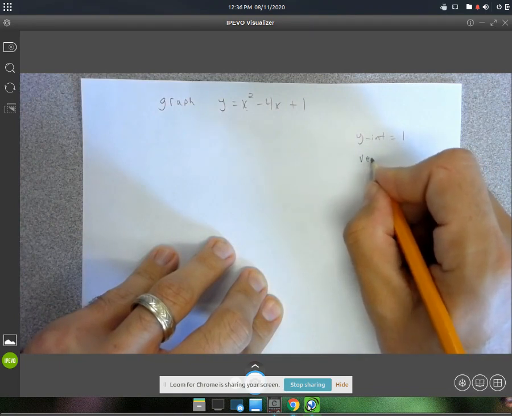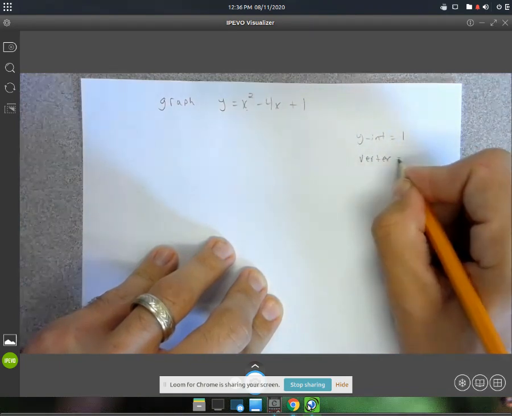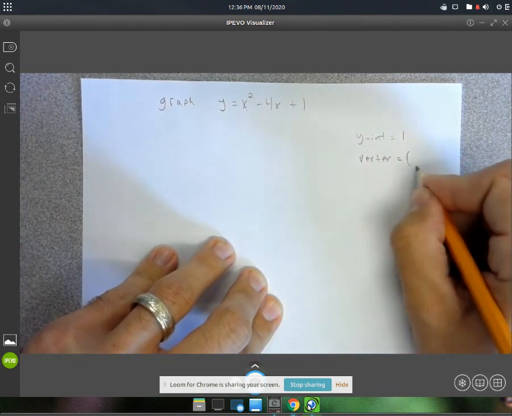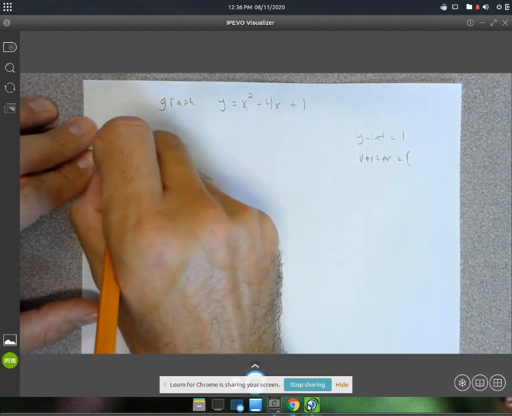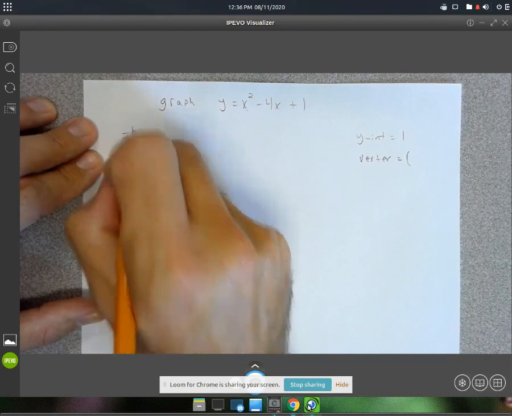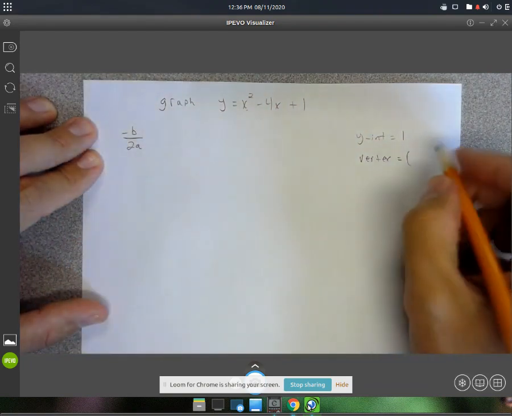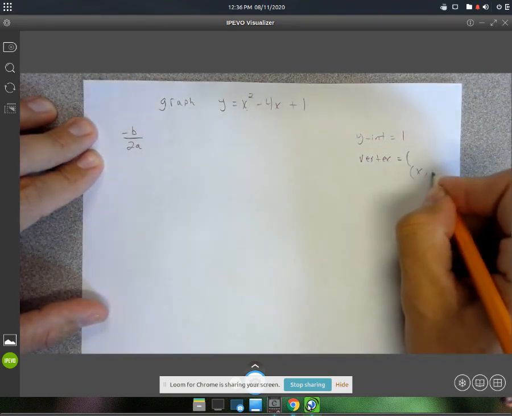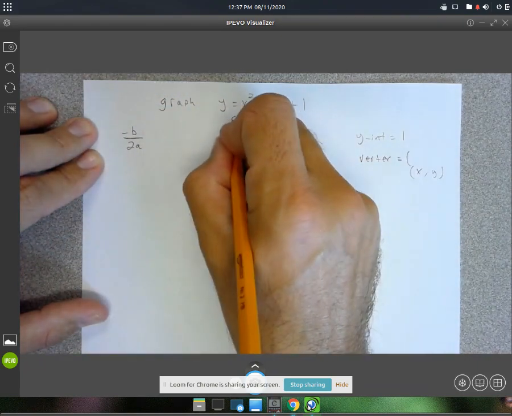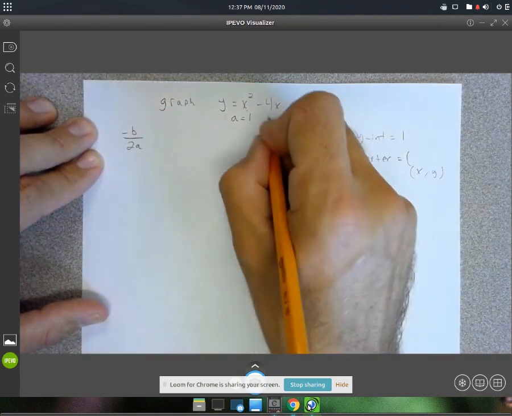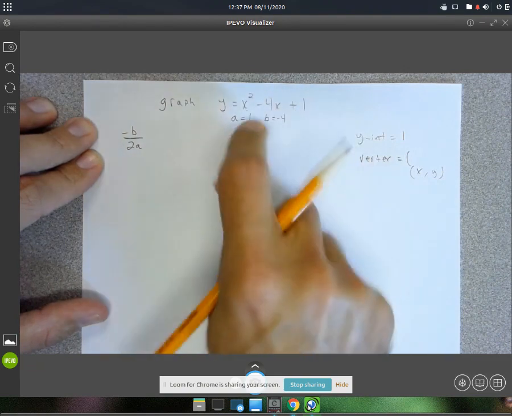All right, next we'll do the vertex. This is the one where it's a little more involved, all right? So to find the vertex, this will tell us the x coordinate of the vertex, just that x part. So we'll do negative b over 2a. A is 1, and b is that negative 4 there.